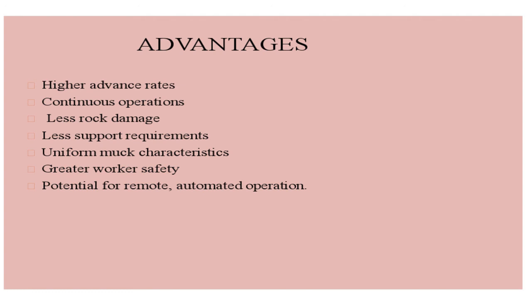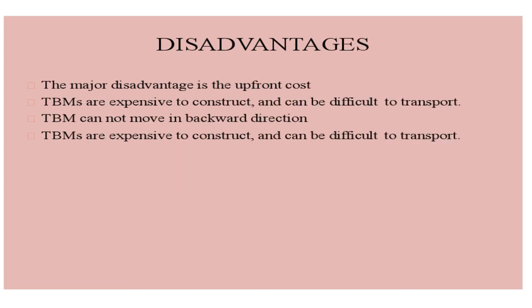Not only that, the support requirements will be less. And the uniform muck characteristics, that is, the collecting process, will be in a uniform manner. Since it is completely covered, a shield is provided, the workers will have a safer environment, and this can be used for remote regions as well as completely automated operation.